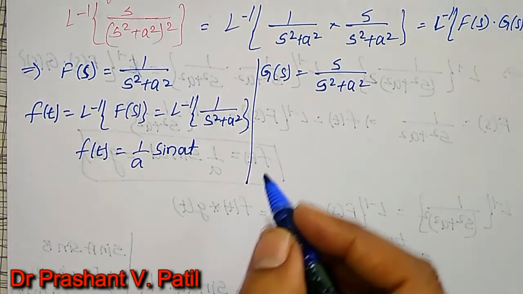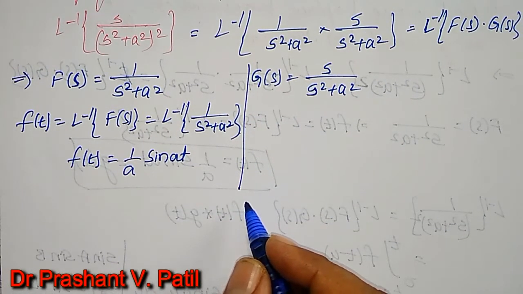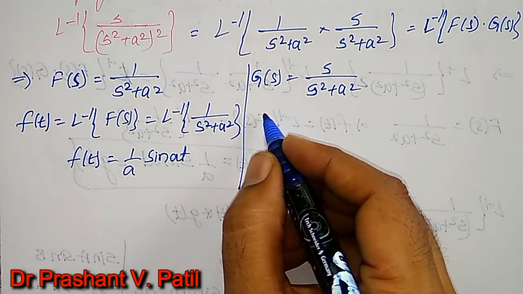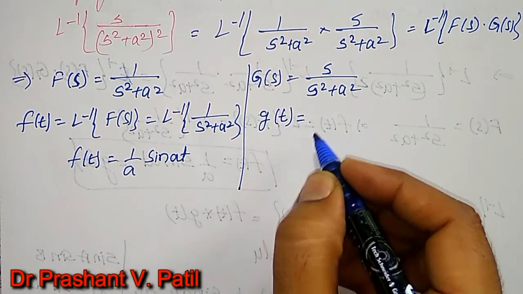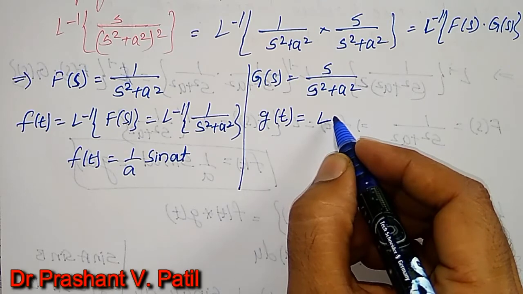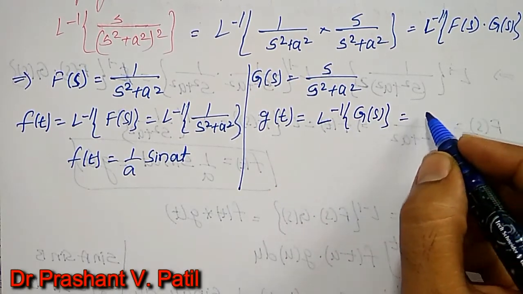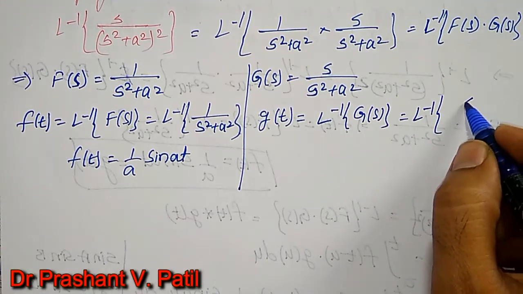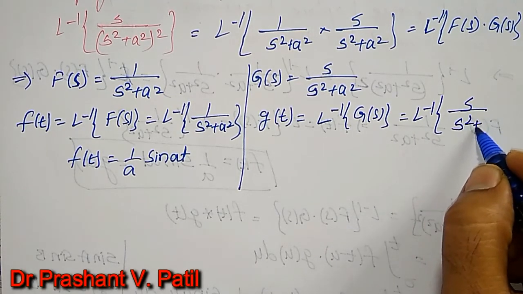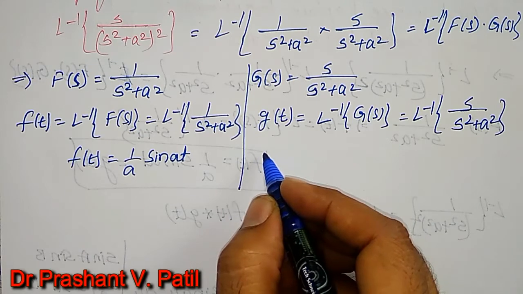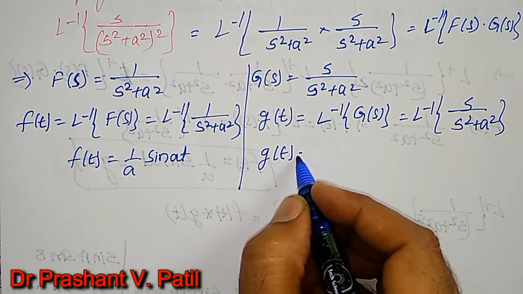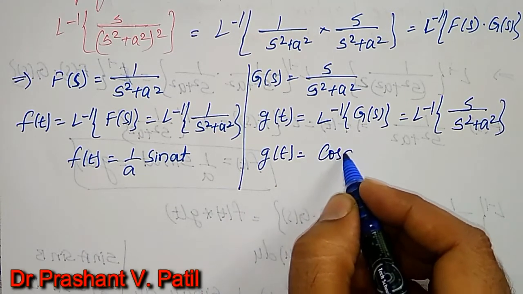Okay, like that, this one s divided by s square plus a square, g of t is inverse Laplace transform of capital G of s, and this is inverse Laplace transform of s divided by s square plus a square. Therefore my g of t is cos at.